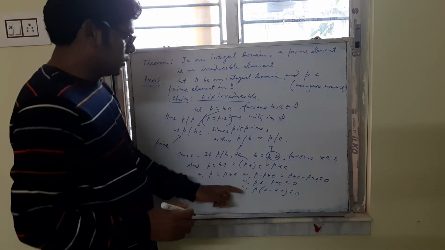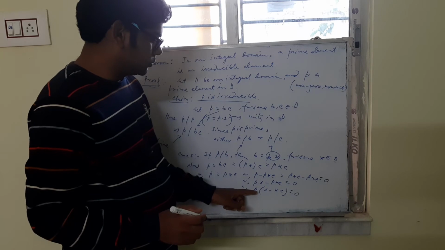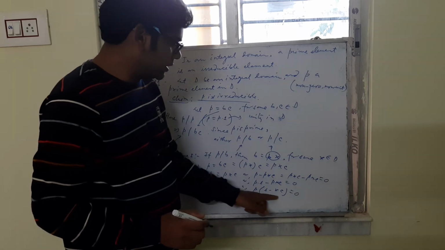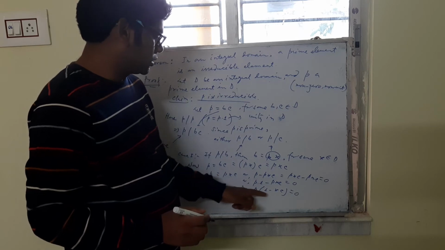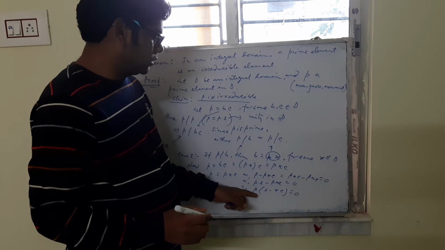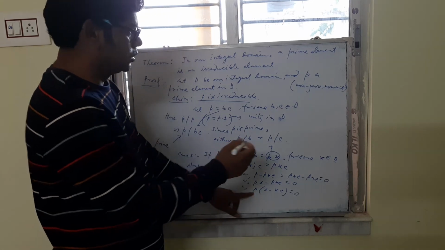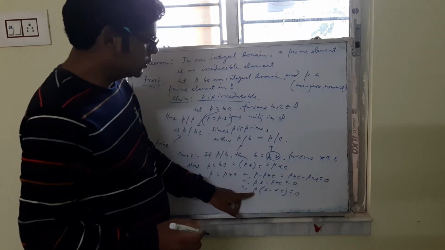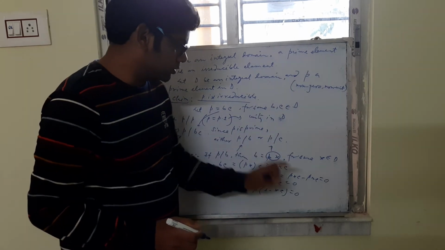Now we have found so far that the product of P and 1 minus XC is 0. These two are elements in the integral domain D, and in an integral domain there are no zero divisors, and here P is non-zero, so we must have 1 minus XC is 0.